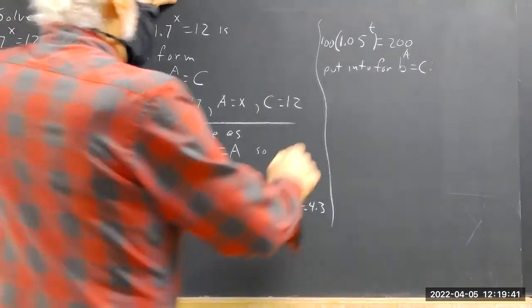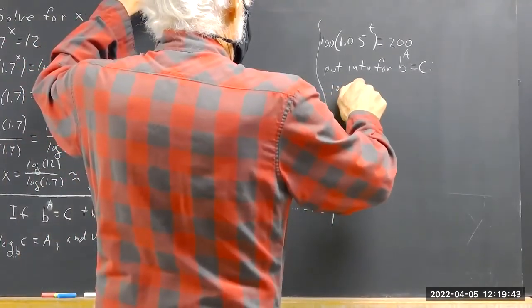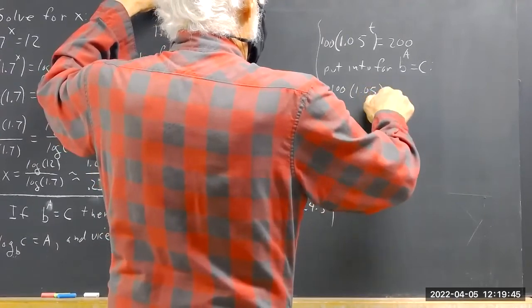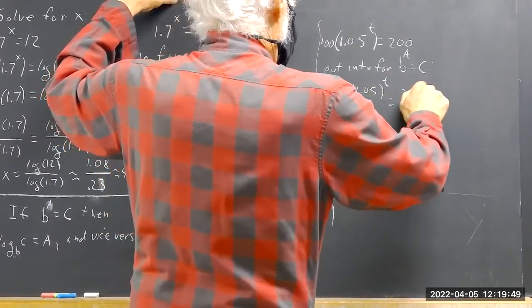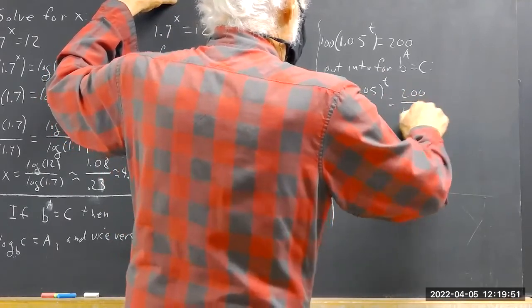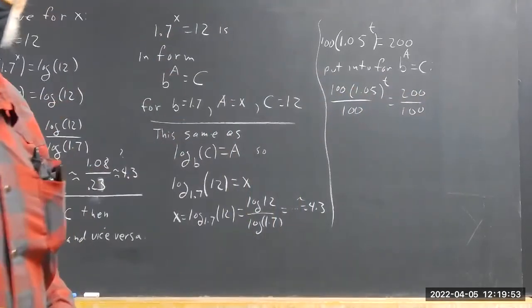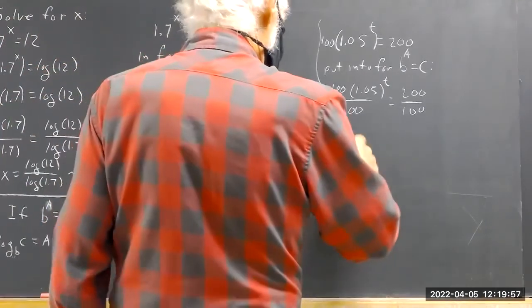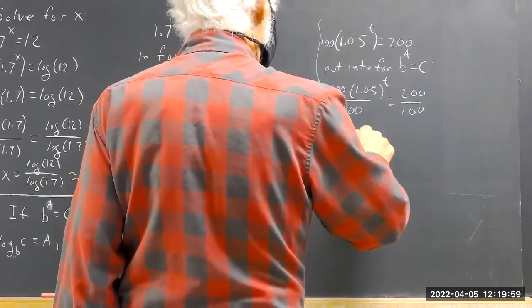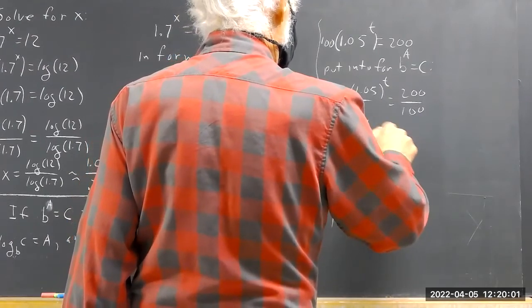That's easy enough. Take 100 times 1.05 to the t and divide by 100. We divide by 100. Okay. And that gives us 1.05 to the t equals 2.